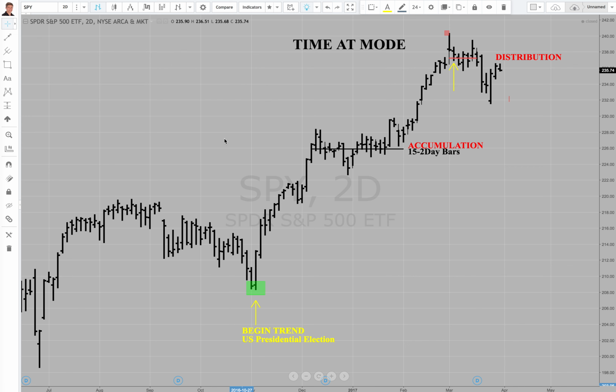So I started plotting markets this way and found a remarkable way to monitor markets and trends that has been uniquely powerful ever since. I had to plot my charts by hand since there was no software at the time other than the 15-minute time frame.